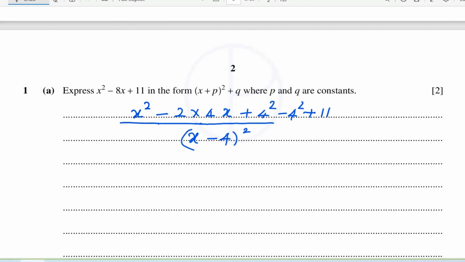Minus 4 square plus 11, that is minus 16 plus 11 is negative 5. So x minus 4 the whole square minus 5.